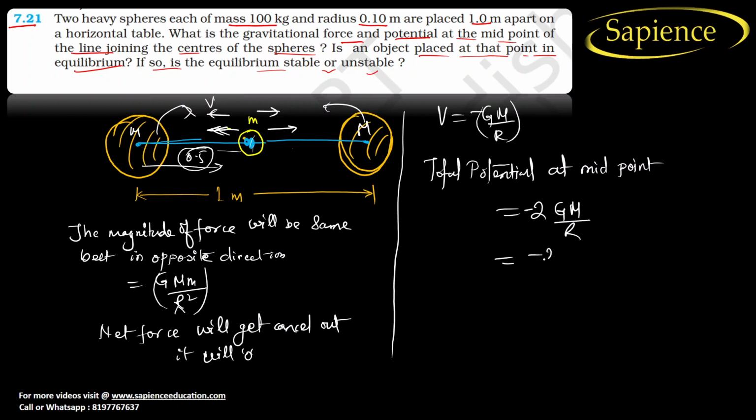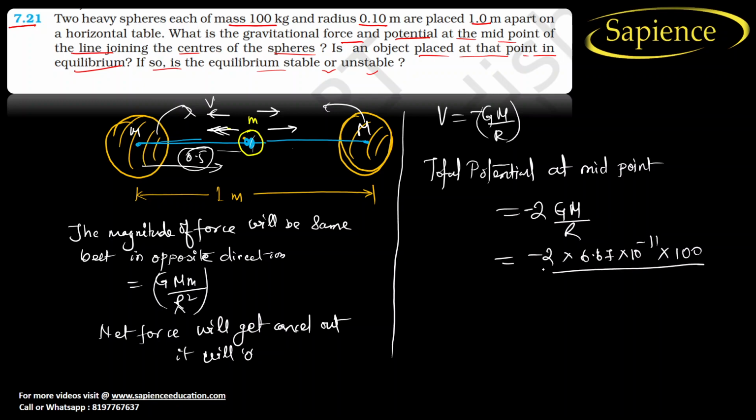Let us put the value of G: 6.67 into 10 power minus 11, into the mass of the object, which is 100, divided by r.